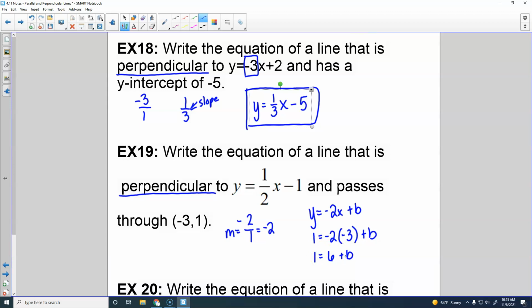Subtract 6 from 1. We're trying to get this b right here by itself. 6 from 1, which will give you negative 5. Okay, good. So our y-intercept is negative 5, so we've got y equals negative 2x minus 5.